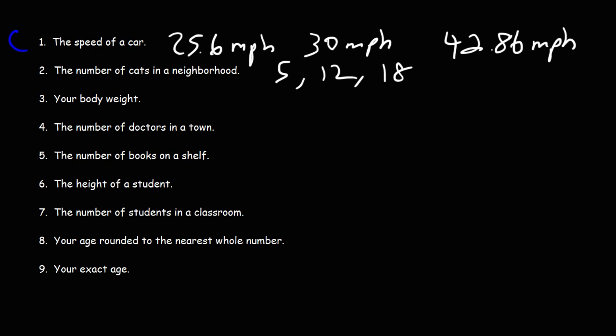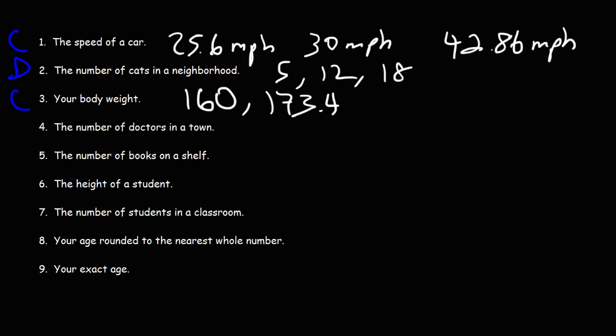In this case, this would be a discrete set of data. Now, what about your body weight? Your body weight is something that you can measure. A person could be 160 pounds in weight, or they could be 173.4 pounds in weight. So that can vary. It doesn't have to be specific values. It could be any value. So that would be C for continuous.